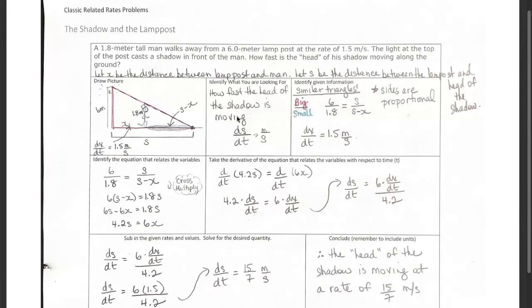We know that they're similar because they both have right angles, with the assumptions that we're making here. The ray of light is hitting the ground at the same angle here and here. So because all three angles are the same in each of the triangles, we know that they're similar.